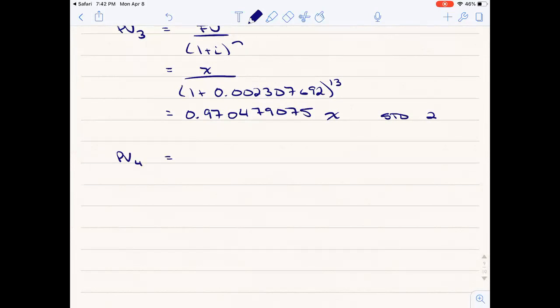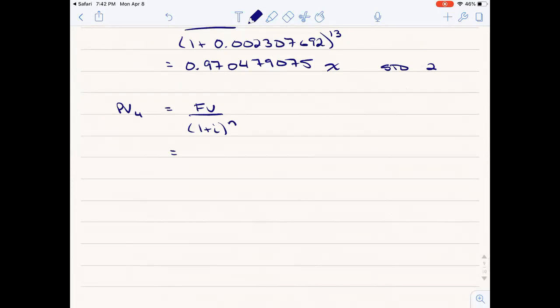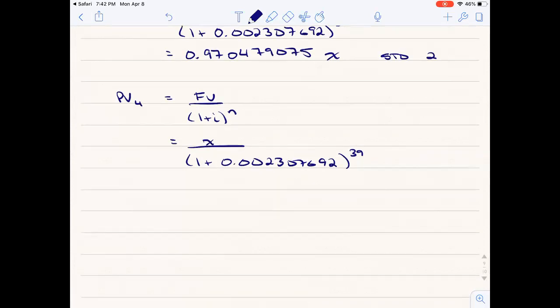Finally, my present value 4 is the future value over 1 plus I to the power of n. My future value is x over 1 plus 0.00230769 to the power of 39. 1 plus recall 1 to the power of 39, and then 1 over that is 0.914025953 times x.